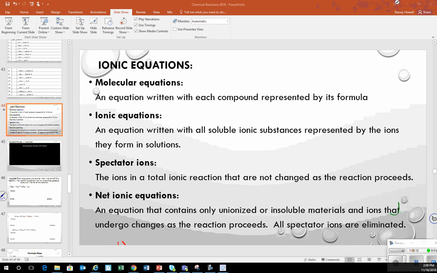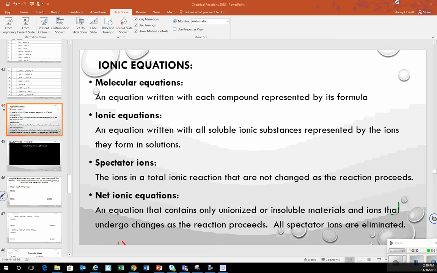Okay, we got a basic idea of what each of these are. So molecular is a normal equation. Ionic is where I split the ones that are AQ, so only the ones that are AQ. The ones that are gas, solid, liquid, I don't split. Just the ones that are AQ. And spectator ions are the ions that are the same on both sides of the reaction.